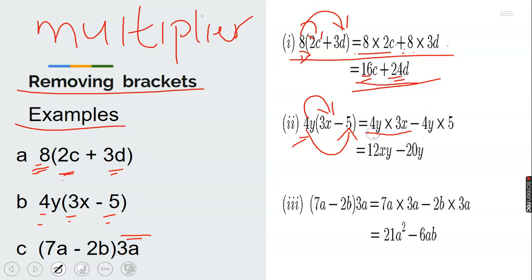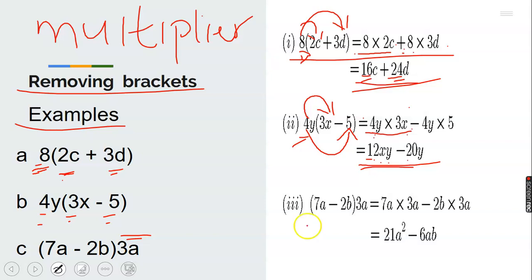Now, 4y times 3x: 4 times 3 equals 12, y times x equals xy. You can see I followed them alphabetically. Now, 4 times 5 equals 20, 20 times y equals 20y. That means when you use 4y to open the bracket, we have 12xy minus 20y.